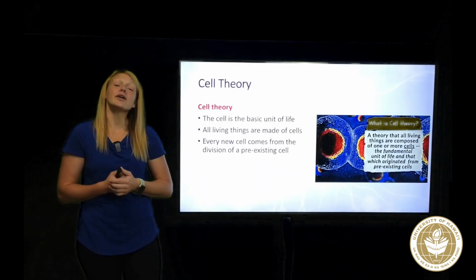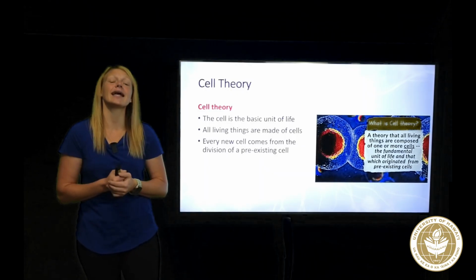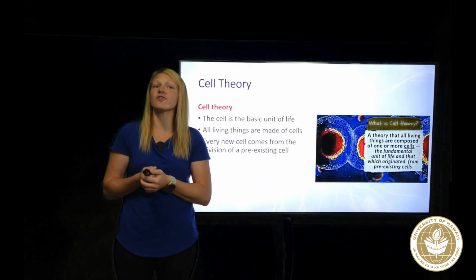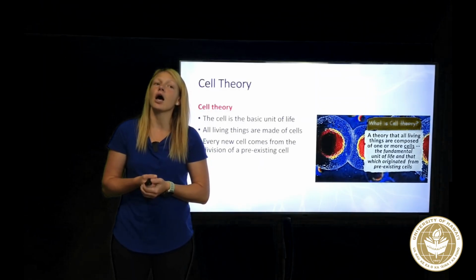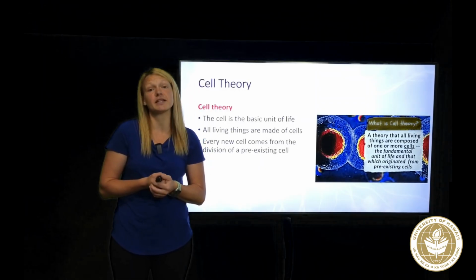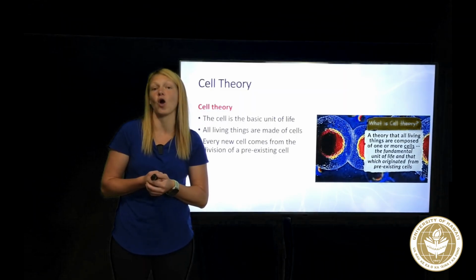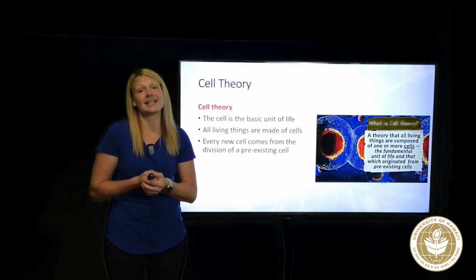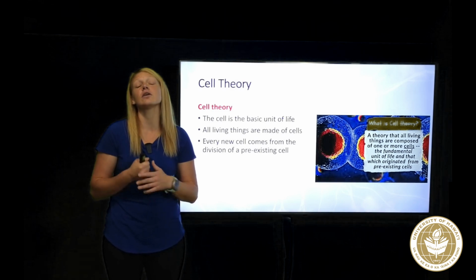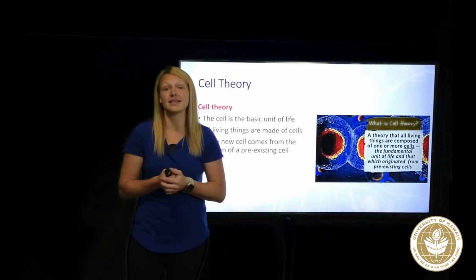The cell theory came about later in 1838, and it was first proposed by 2 different German scientists, Schwann and Schleiden.